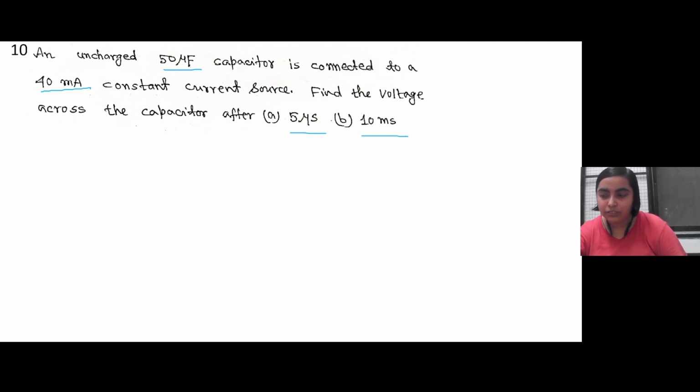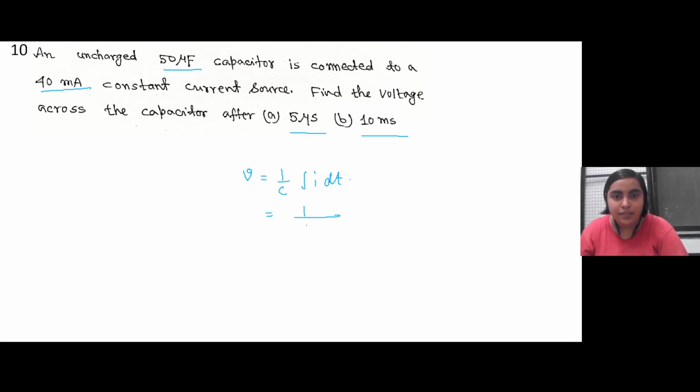What do you need? So what is the equation of voltage and current for a capacitor? You need to find the voltage, right? V equal to 1 by C integration I dt, right?